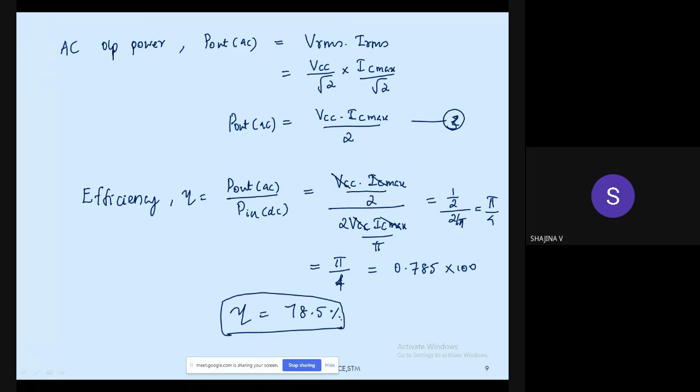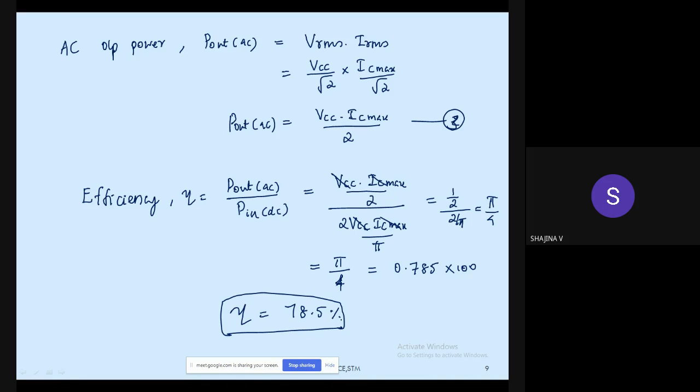Class B le ഏത് configuration ആയാലും ഇത് തന്നെയാണ് കേട്ടോ. Class B power amplifier efficiency is equal to 78.5%. That is, compared to class A, high efficiency is provided. Efficiency means P out AC by P in DC. Power conversion efficiency means how much of the DC power available at the input we are converting into AC power.